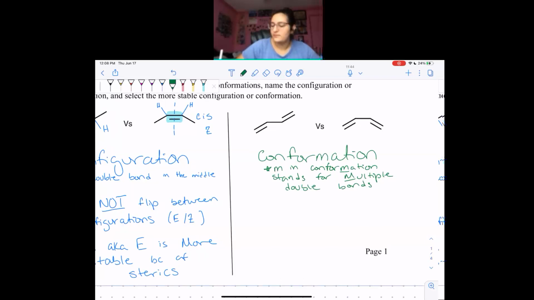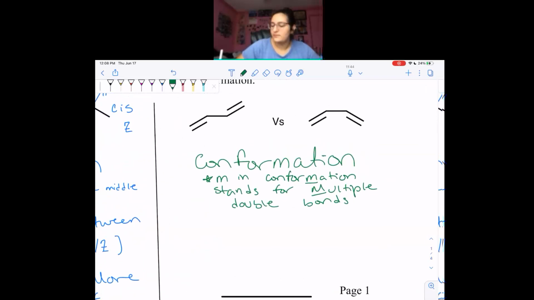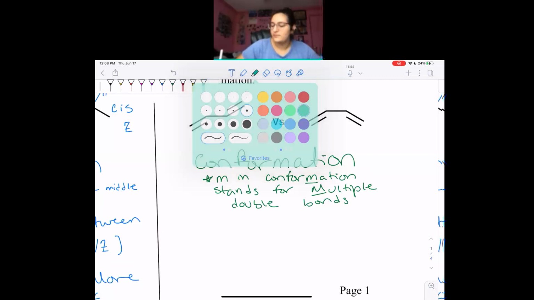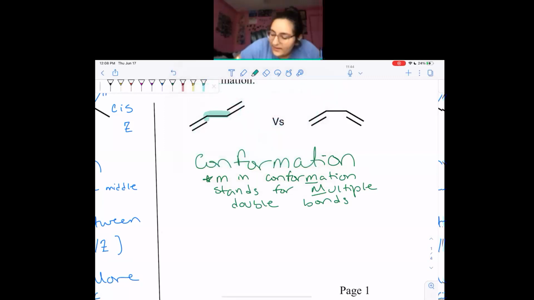Whenever we talk about conformation, we are going to talk about the single bond in the middle. So again, when we define something's conformation, we're going to talk about the single bond in the middle. Because we're always talking about the middle. You can think of this one as a double bond sandwich with a single bond in the middle. And as we know, the middle is the most important part. That's why we focus on the single bond.